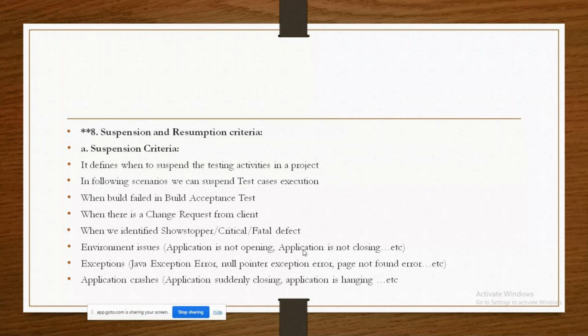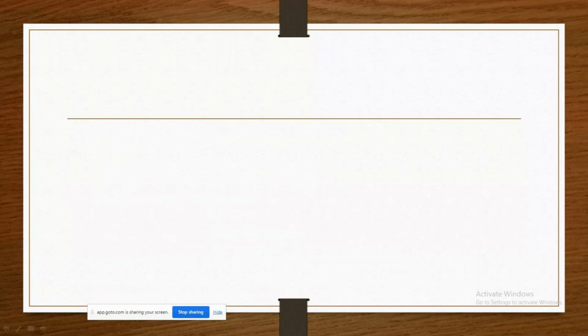The application crashes. For example, with older versions of browsers, the application does not open or crashes. If you get this type of scenario, you try to suspend your execution. Next one, when to continue the execution.